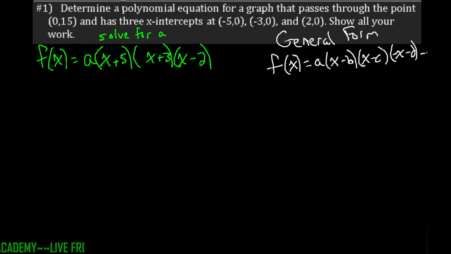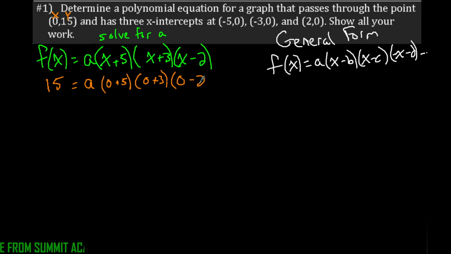Well, notice how I didn't use this other point of (0, 15). So instead of x, we're going to put a 0, and instead of y, we're going to put 15. I can rewrite our equation just like that: 15 equals a times (0 plus 5) times (0 plus 3) times (0 minus 2).